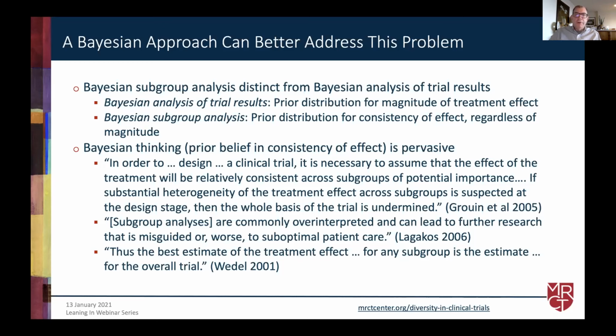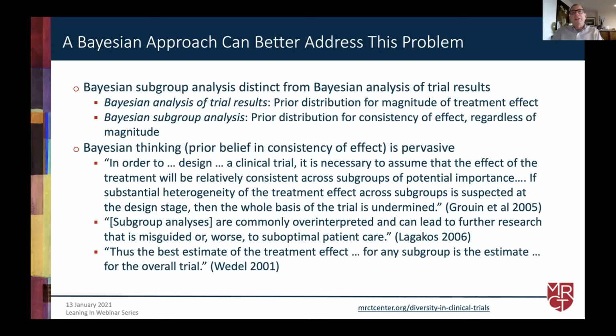Even people who don't realize they're using a Bayesian prior are actually doing so when they go into an analysis where they see heterogeneity and use some prior belief that the drug really is likely to have a consistent effect across subgroups, and that the heterogeneity we observe is probably spurious.